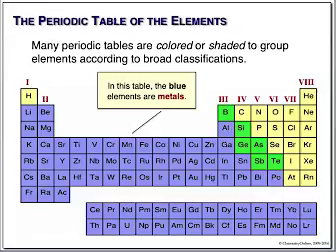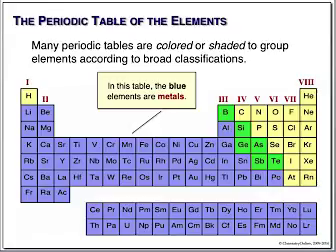So you kind of have to remember how to do this on your own. The blues in this periodic table are referred to as metals. These do all the things that metals do. They conduct electricity, you can bend them, you can pound them out, et cetera, et cetera. They're very malleable. They are metals.